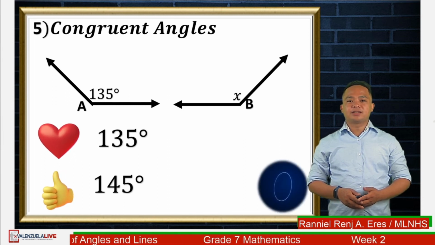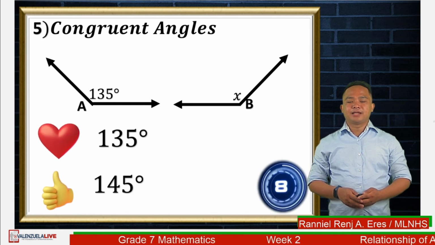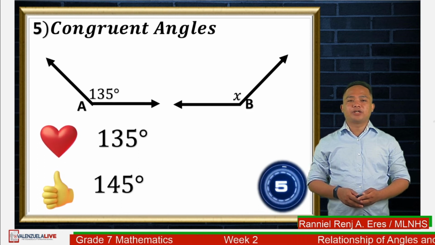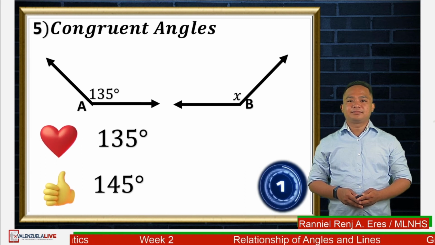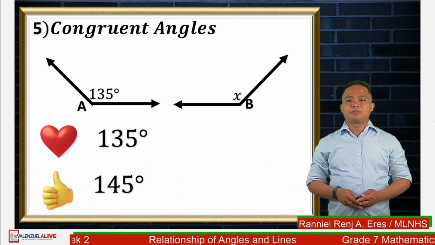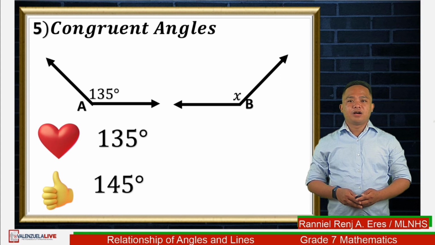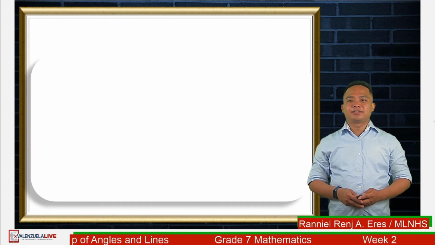Your 10 seconds starts now. Again, use our comment box as your way of sharing answers. Last 3 seconds. Okay, time's up. So now, if you answered heart, you're correct. Very good, students.